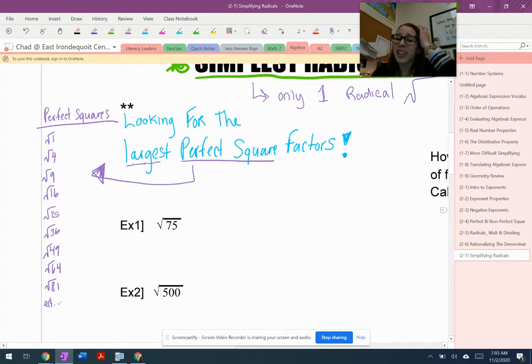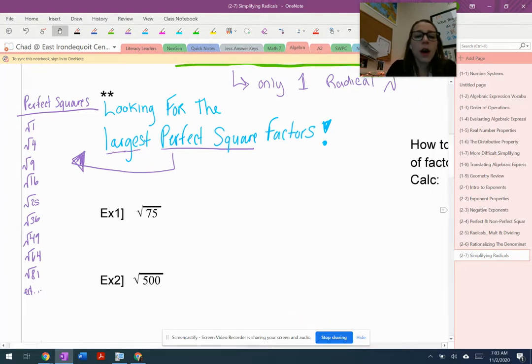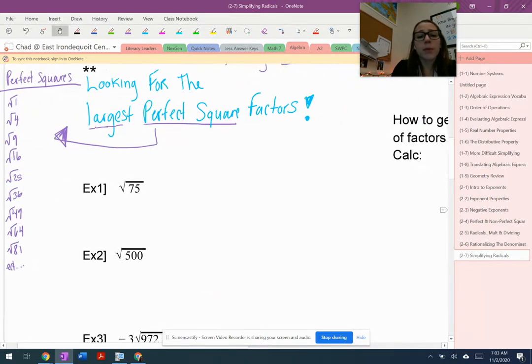You are going to want to take a second to list out those perfect squares. I think we have them listed out in a different notes page that you could totally use, but it's going to be extremely helpful to have those perfect squares out. Okay, so that's what we mean by perfect squares.